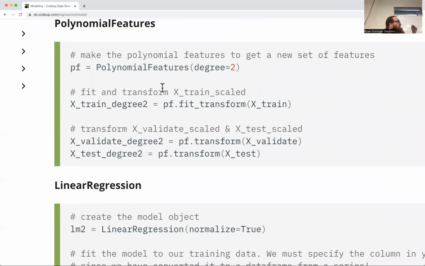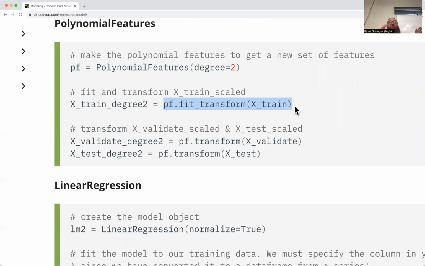So when I say we're transforming the features, what the heck does that mean? The pattern here is going to seem very similar to a scaler. So what we do is we make the polynomial object first. So PF, your variable name can be something else, but make it explanatory. Notice then we take that empty polynomial features object. Notice this out of the gate is not a polynomial model, it's a polynomial features object. And then we fit transform train.